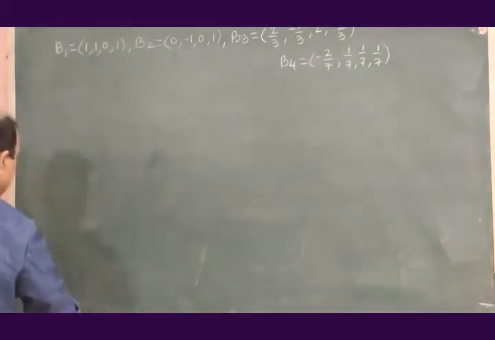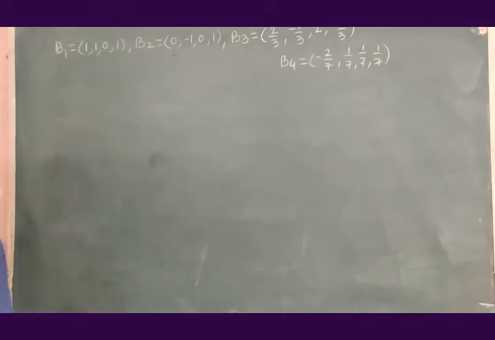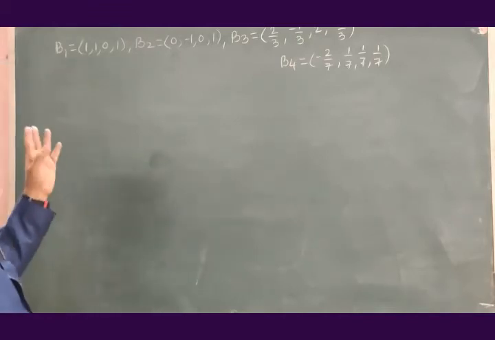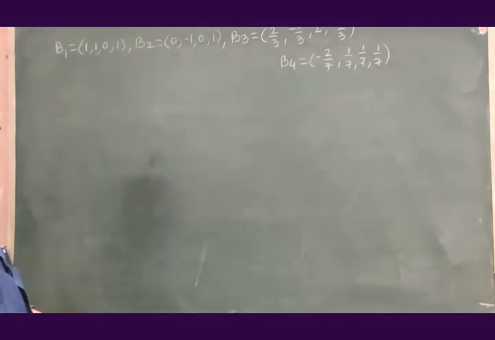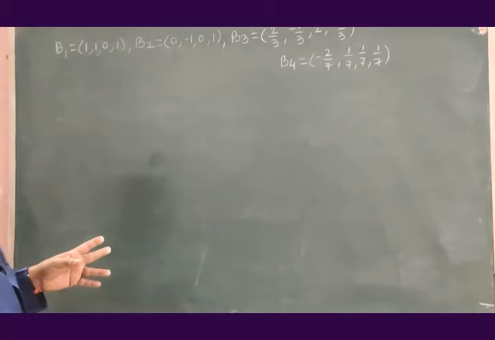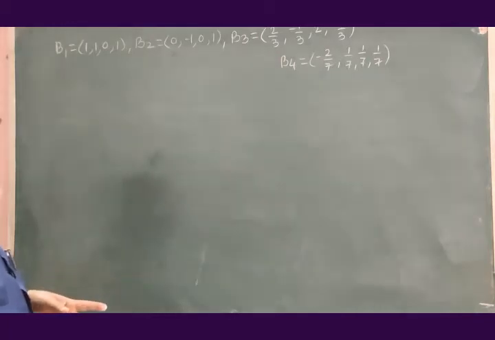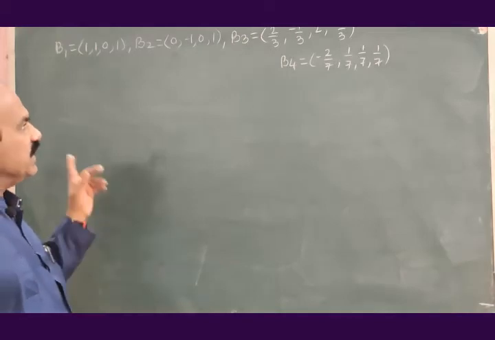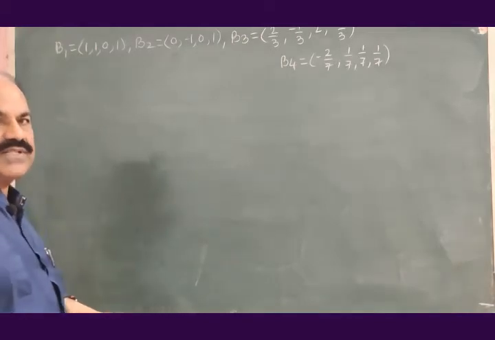So here we obtained 4 vectors B1, B2, B3, B4 from the linearly independent set of vectors A1, A2, A3, A4. These are the orthogonal vectors.